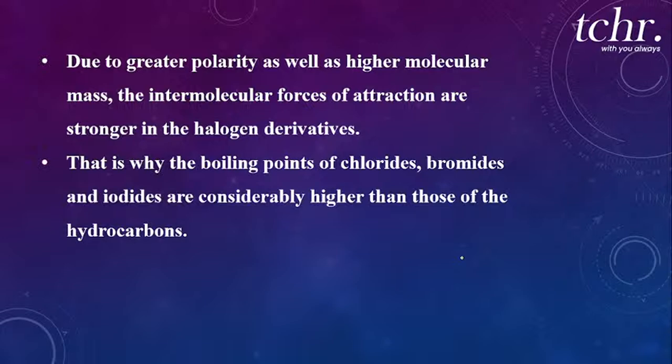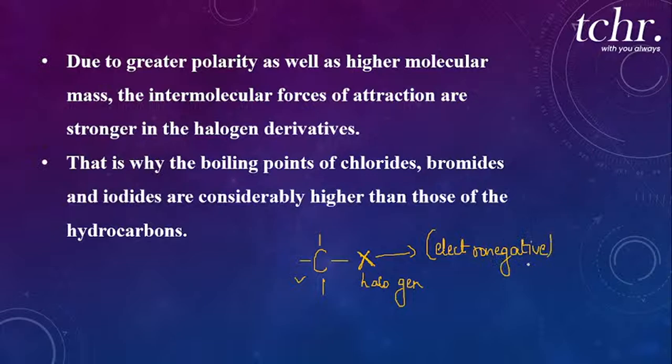So therefore, one point you have to remember: if in general I write a haloalkane as C-X, dear students, you know that this is a carbon atom and this is a halogen atom. Between carbon and halogen, the halogen atom is highly electronegative. Okay. Halogen atom is definitely highly electronegative. I'm not talking about when it ionizes or breaks the bond.